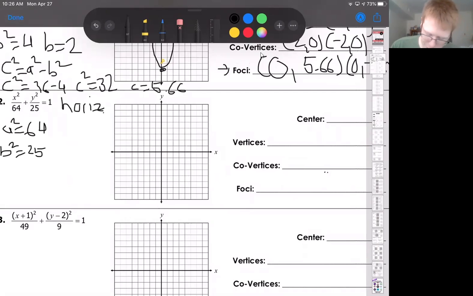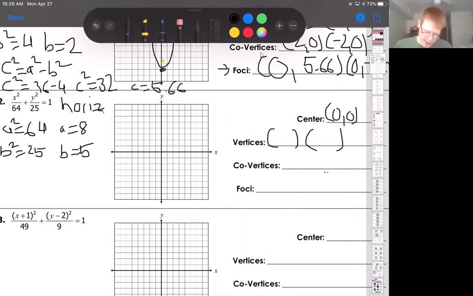We don't usually want to work with these squared terms unless we're finding our c, as we'll see. So our a would be 8, and our b would be 5. Once again, if you look at the top, x squared by itself, y squared by itself, so our center is just 0, 0. Since we're looking at a horizontal ellipse, we're going to add our a value to the x values this time.